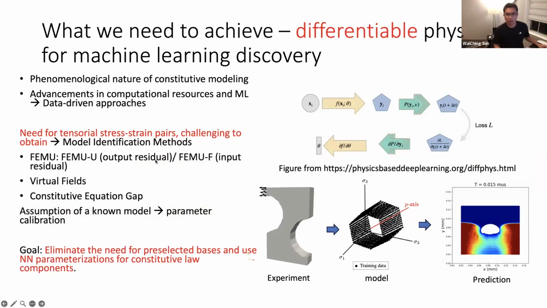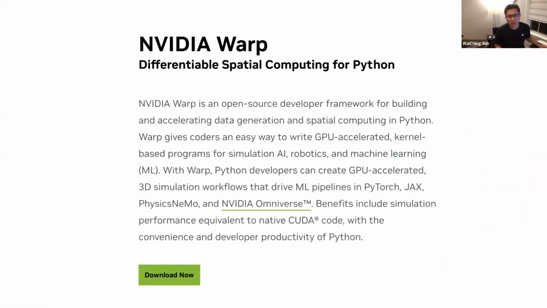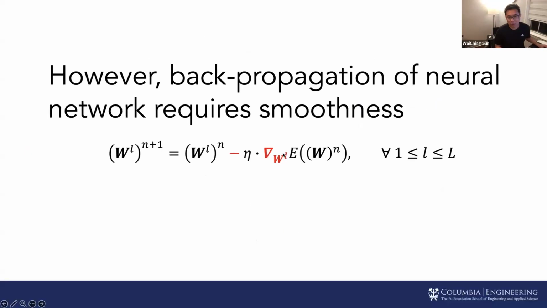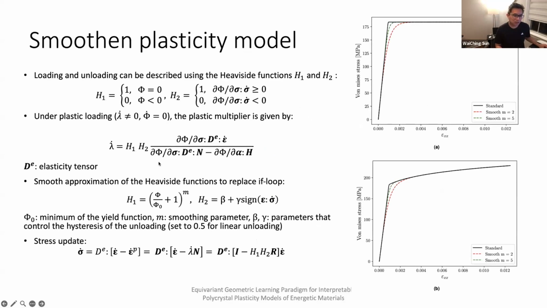In this case, my student used the NVIDIA package Warp, and we ensured, using the trick we mentioned previously, the smoothness of the finite element, by ensuring that the gradient exists in our model. And this is done in a very simple way.